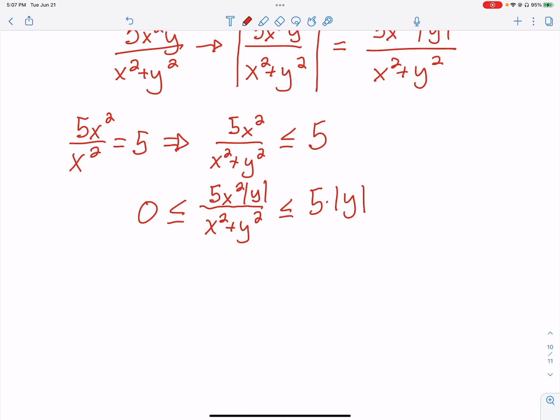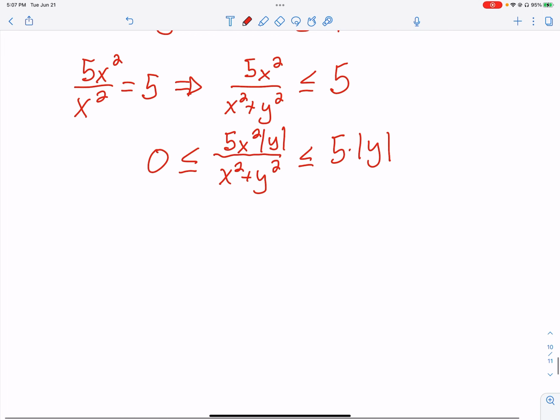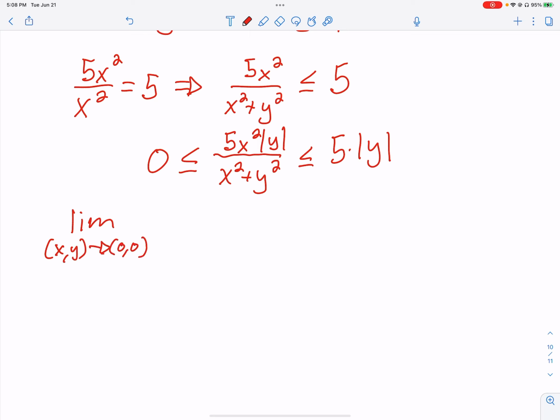Okay, so consider now, whoa, it zoomed in on me, the limit as (x, y) approaches (0, 0) of 0. Well, that's 0, right? No surprise, that's this side. And then also consider the limit as (x, y) goes to (0, 0) of 5 times the absolute value of y.